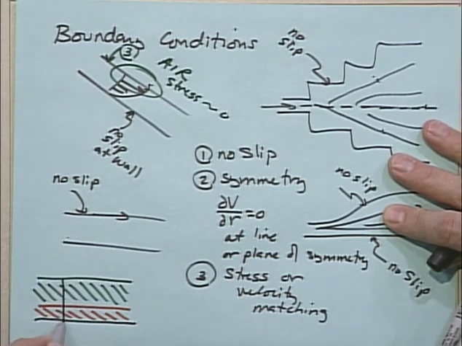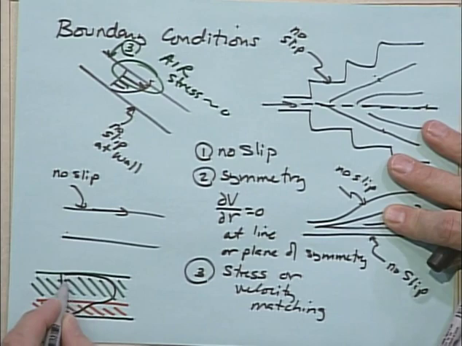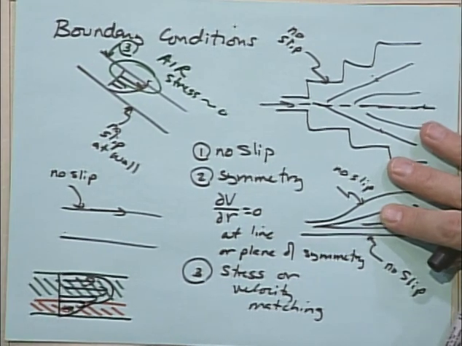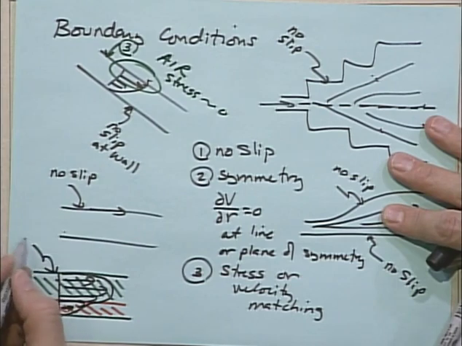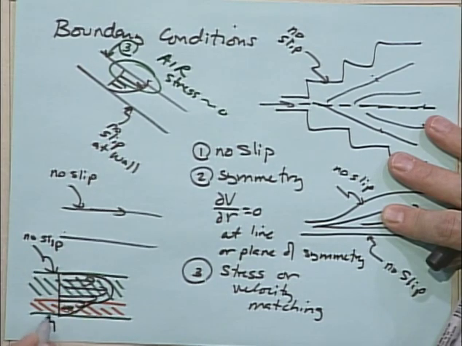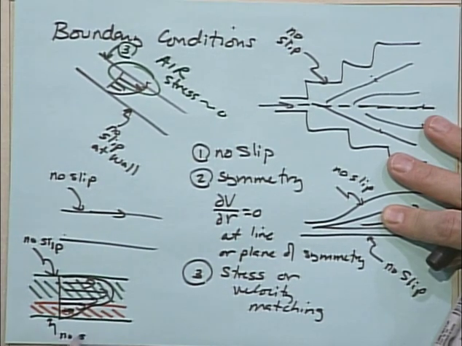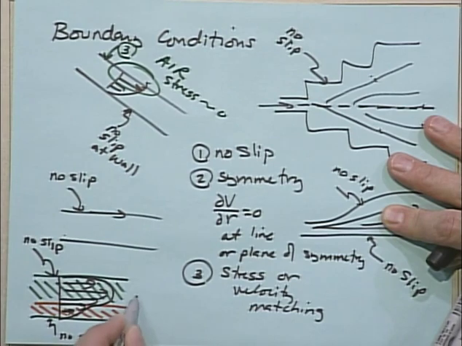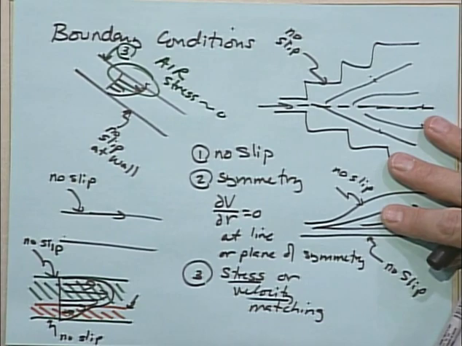You might get a velocity field that would do something like that. The boundary conditions on the sides would be no slip. And at this boundary, between the two fluids, the stress and the velocity would have to match.